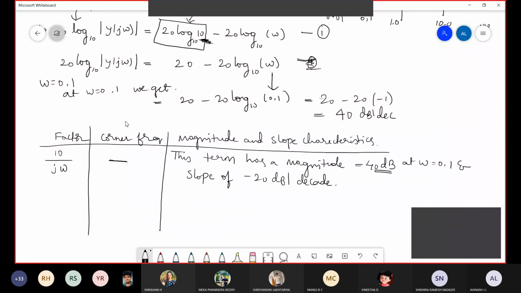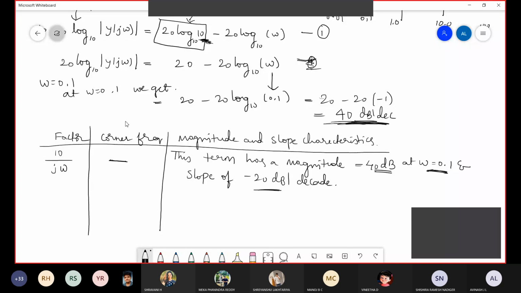Here 40 dB is the gain we calculated, the magnitude at omega equal to 0.1. Here there is a pole, j omega, so for every pole there is a slope of minus 20 dB per decade. That is what we have written here. That is the first factor property.